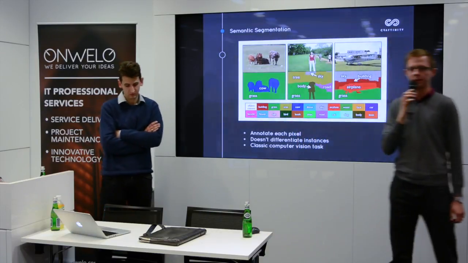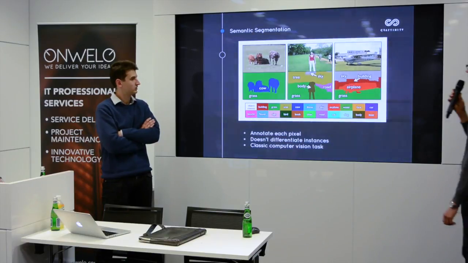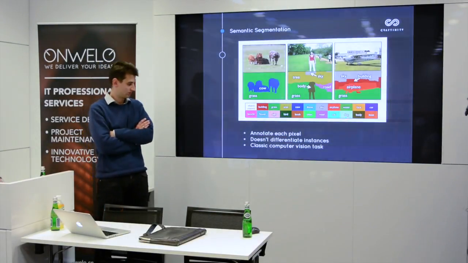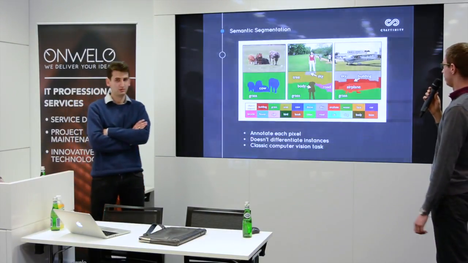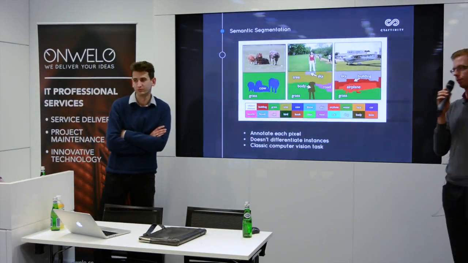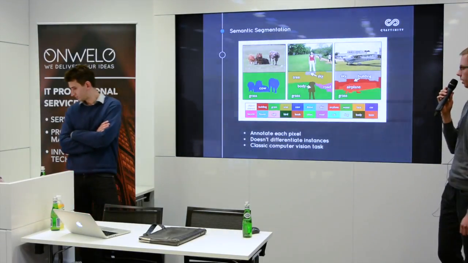In terms of segmentation we can differentiate two kinds of segmentation. The first one is semantic. In semantic segmentation we just want to annotate each pixel of the image, but we don't differentiate instances of objects.